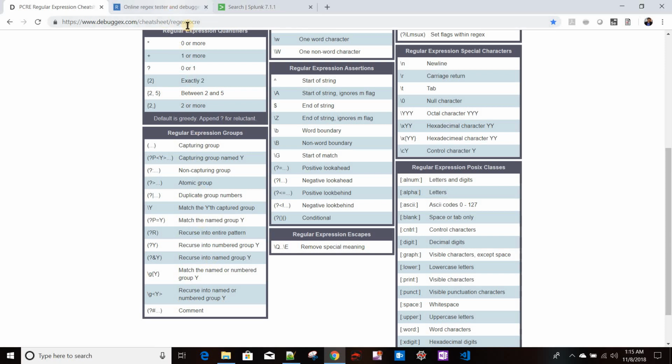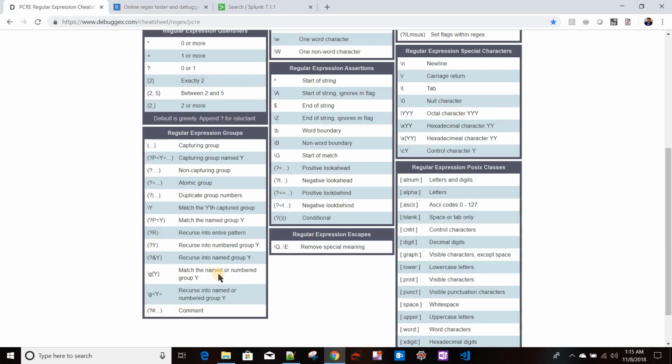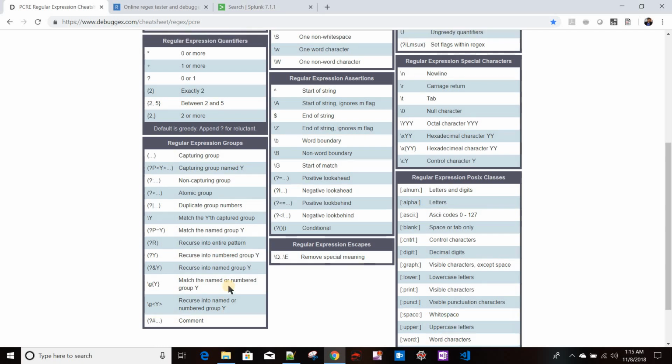In this case, instead of A, it can be a group for recursion. The same thing is happening there. It is basically executing the same group again and again. These are all the same concept.